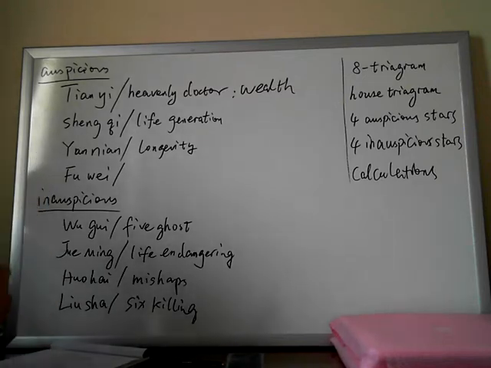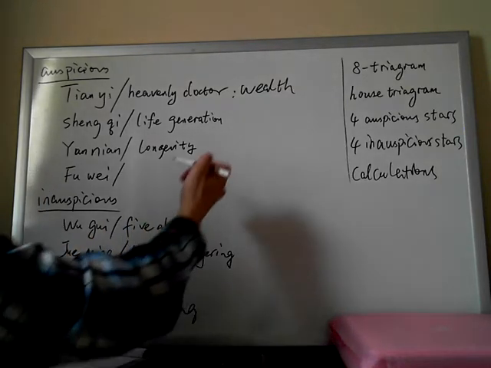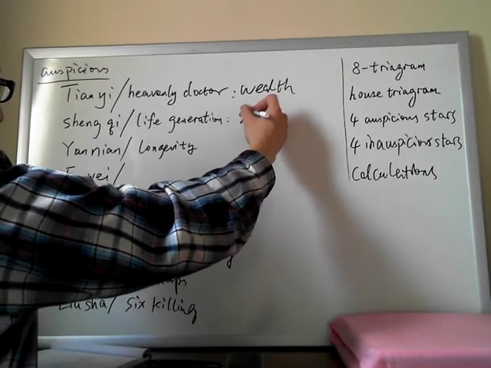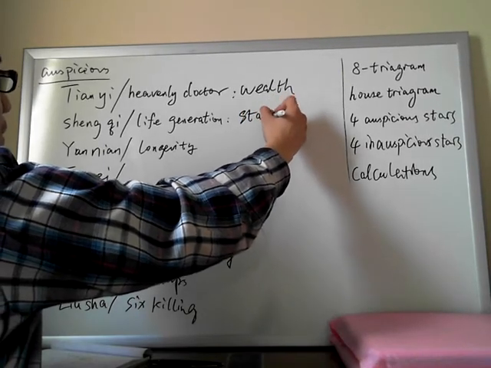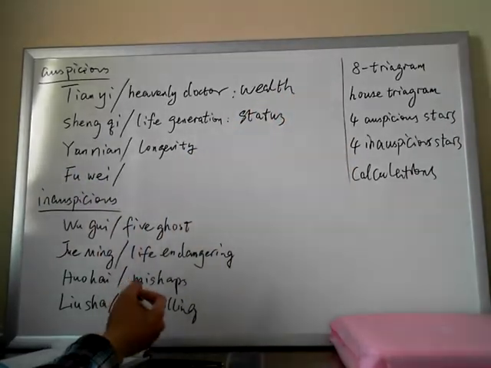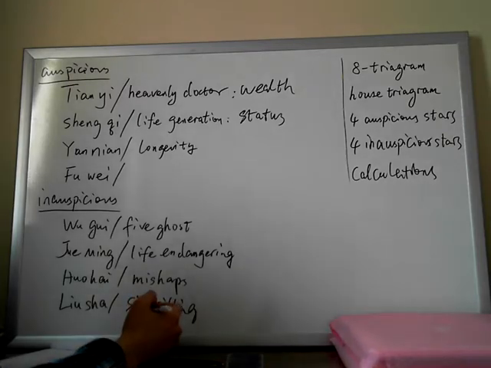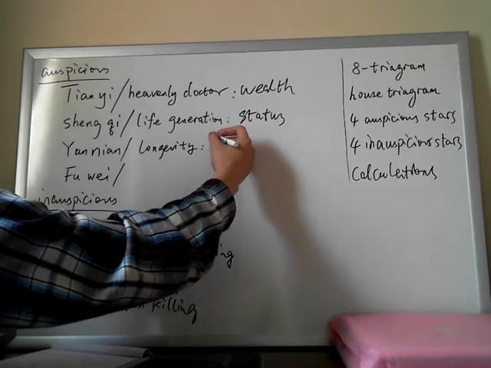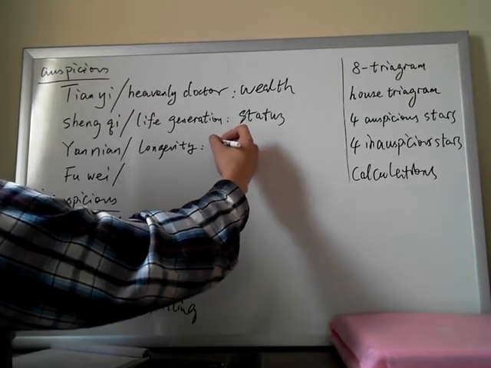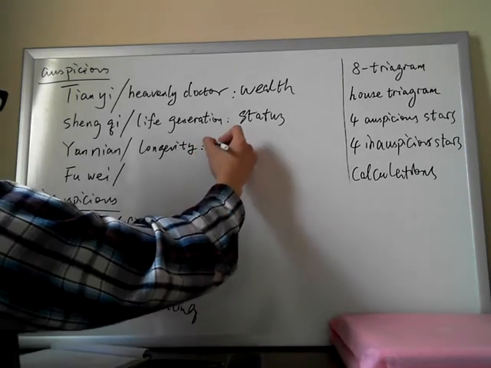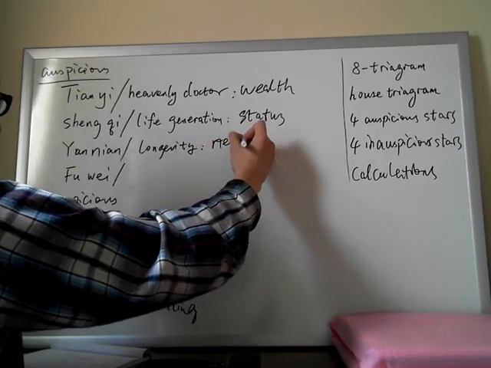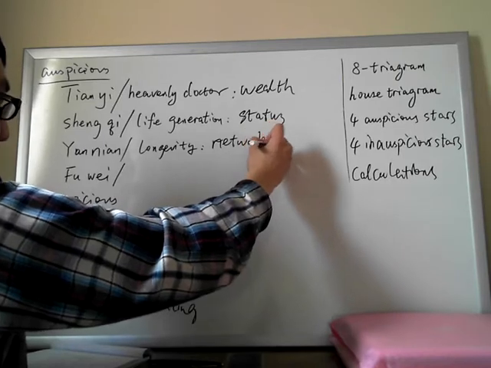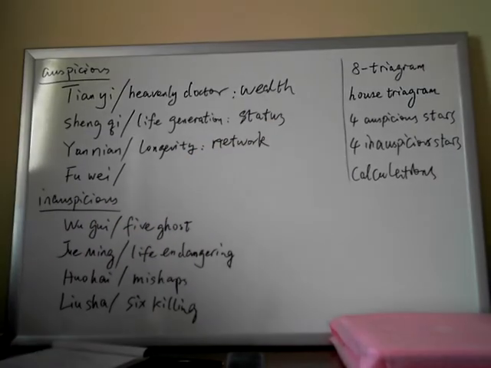And Sheng Qi is good for reputation and status. And Yan Nian is good for relationships and networking. Remember when I say relationship, it's not the romantic relationship here.